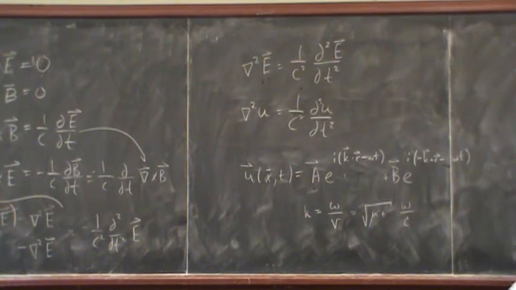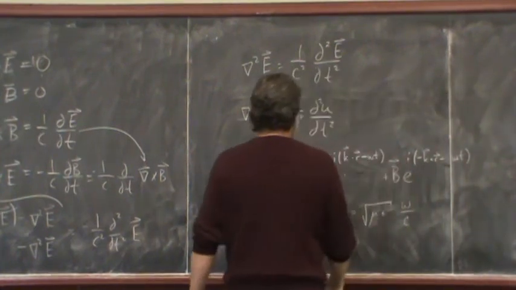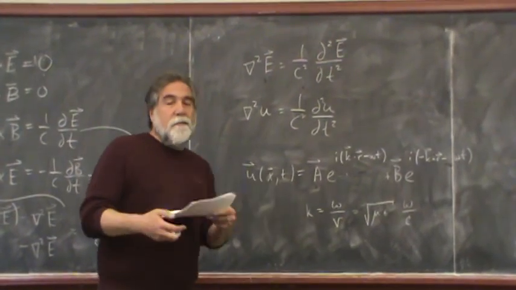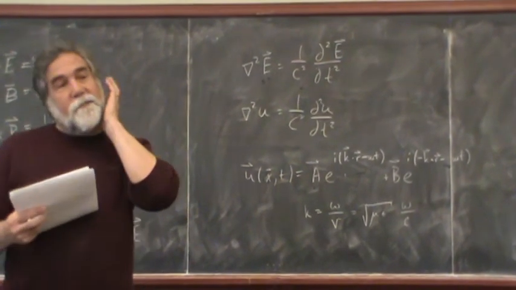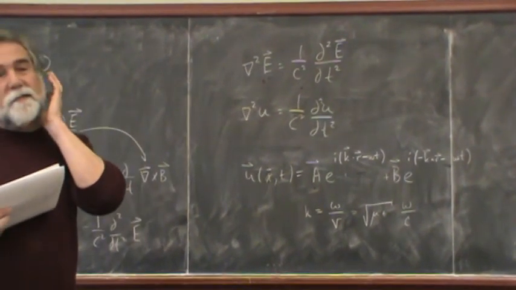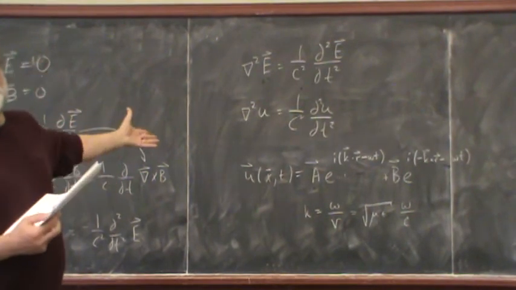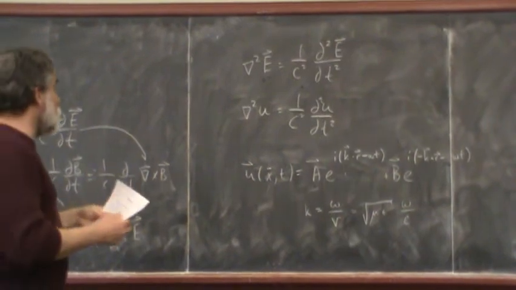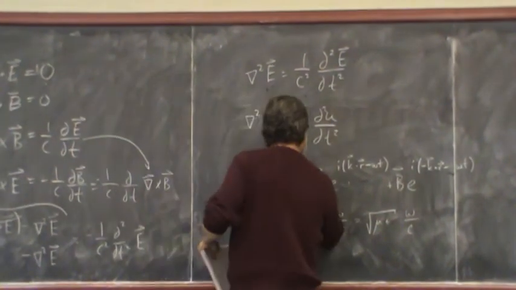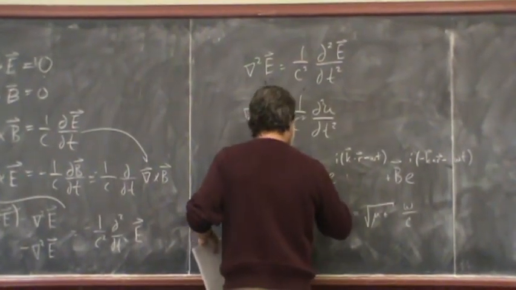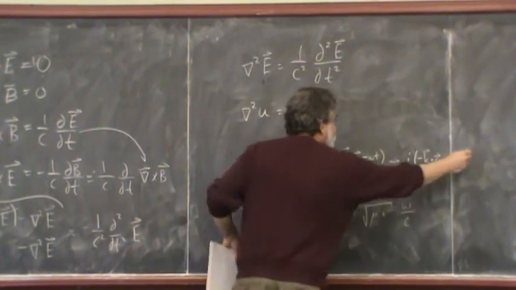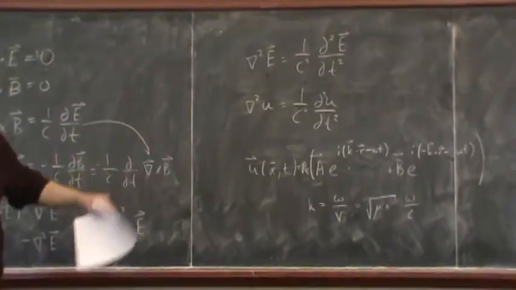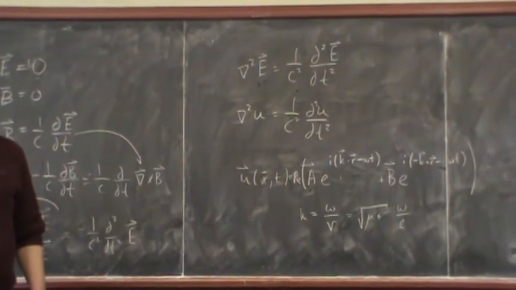Let me go back. When we're talking about measurable electromagnetic fields, they're actually going to be sines or cosines, not e to the i's. So what we're actually doing is, for example, taking the real part of that, in which case I would be taking cosine of kx minus omega t.